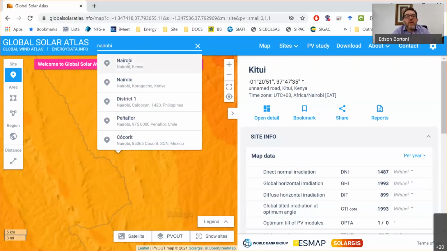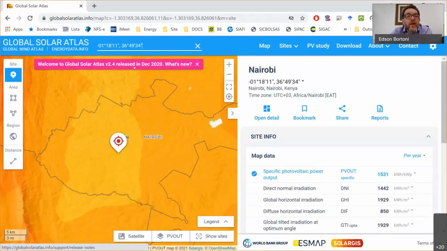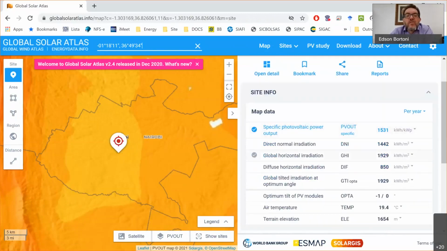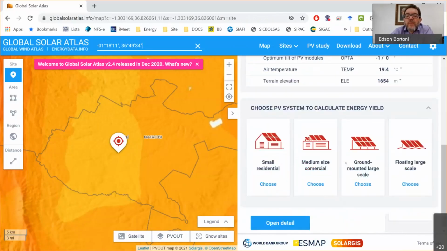Here, Nairobi, you have this global radiation. You can put solar in your university. Let's see here.